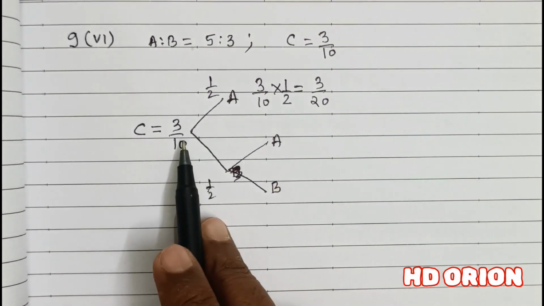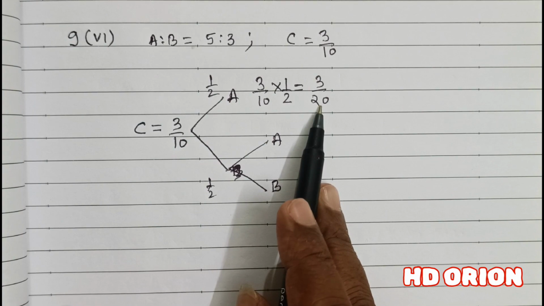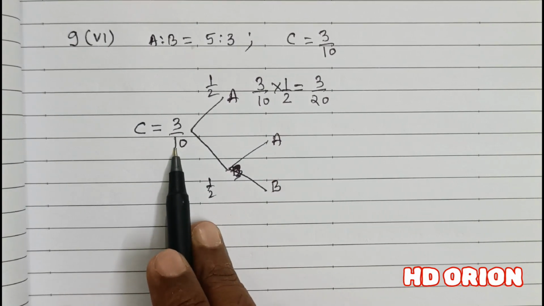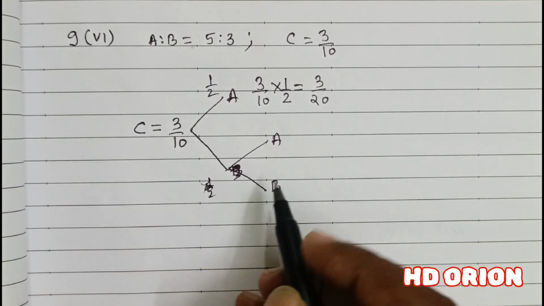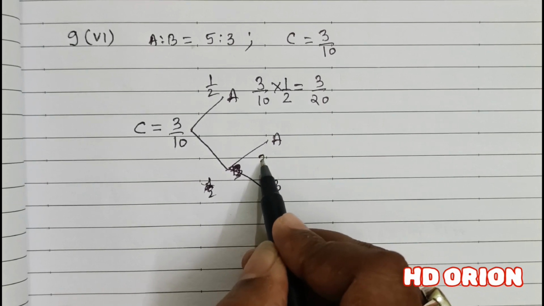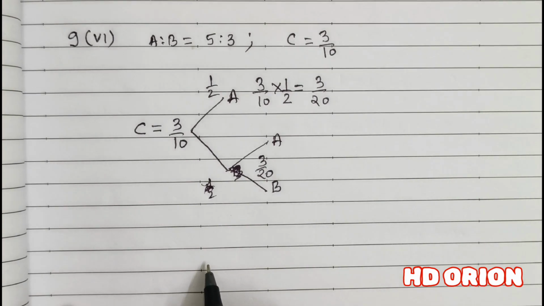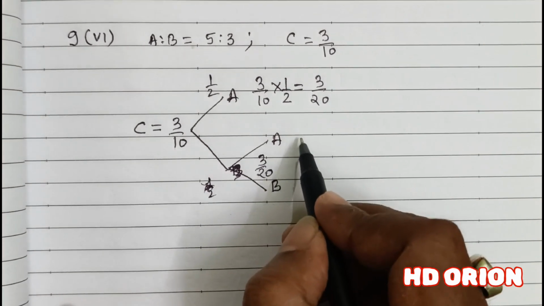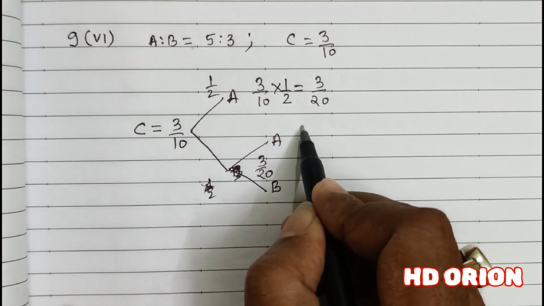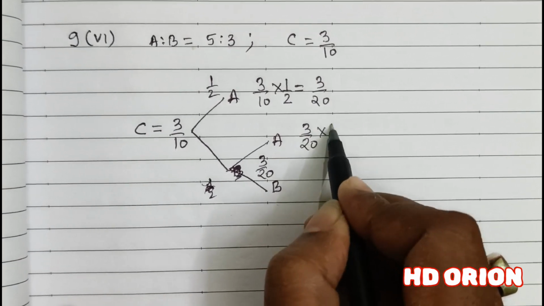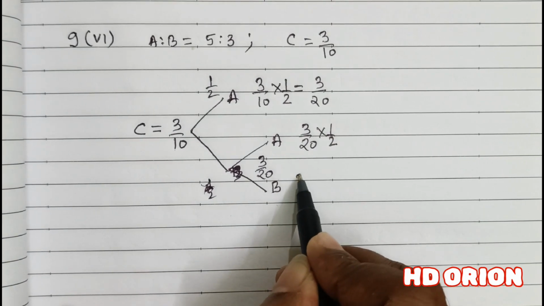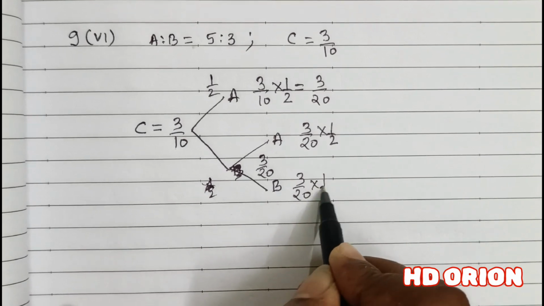So if 3/20th is the half portion of 3/10, the other half portion of 3/10 will be again 3/20th itself. It is contributed equally by A and B. So A will again be giving 3/20th into 1/2, and B will be giving 3/20th into 1/2.